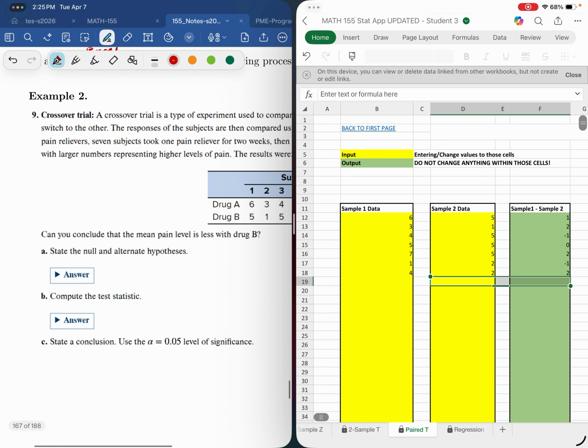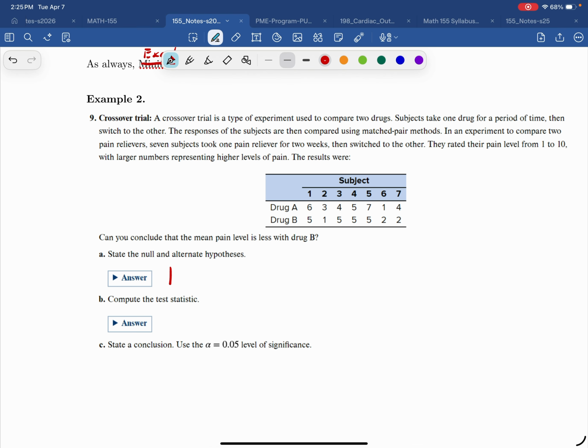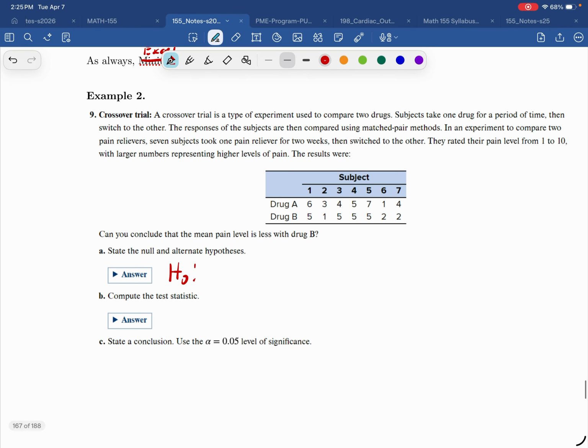Right, and so let's just state our hypotheses really quickly. The null hypothesis is that mean pain level with drug A minus mean pain level with drug B equals 0.